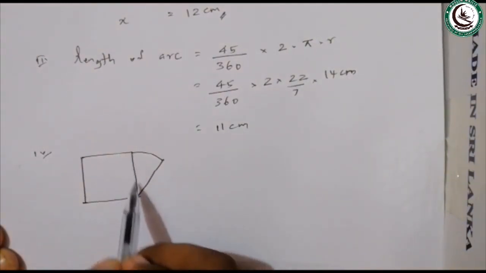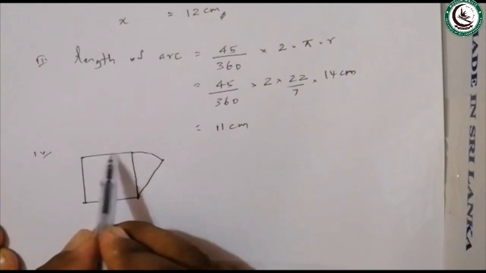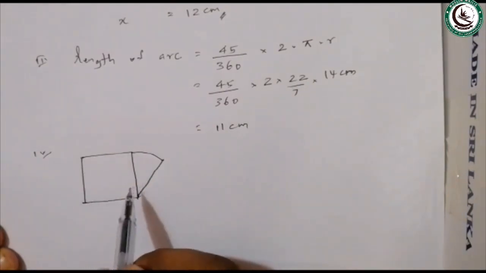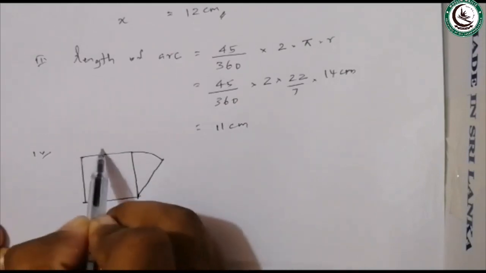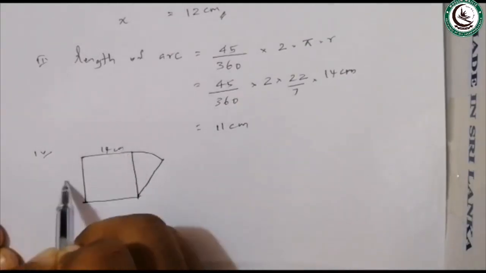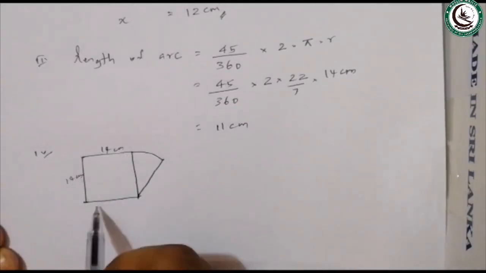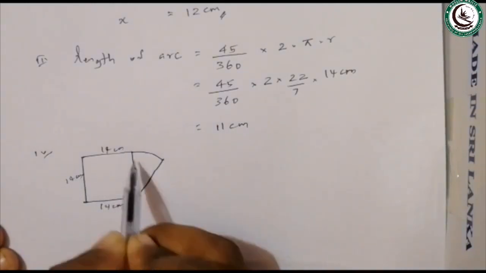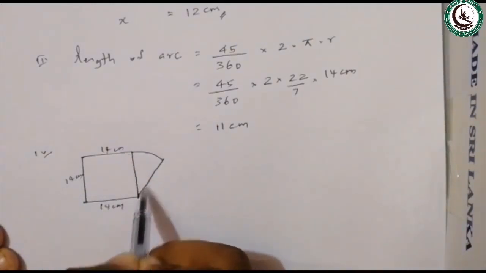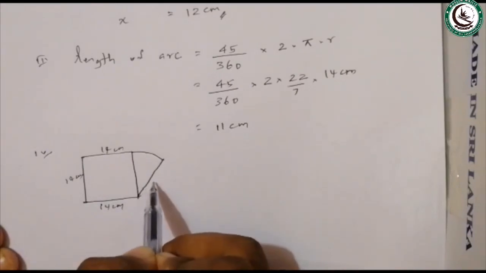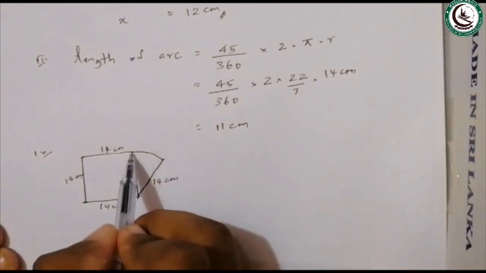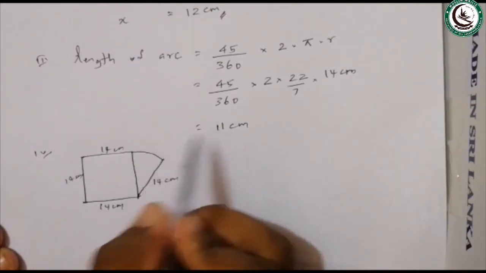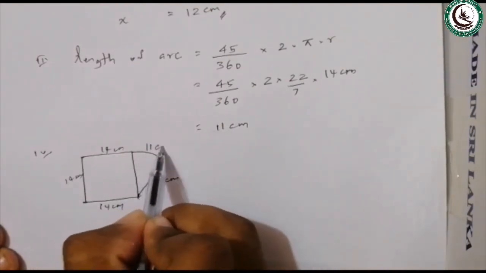Because the radius won't be changed, the other sides of the square will be the same as the radius. So radius is 14, we already know. So this is also 14 centimeter, this is also 14 centimeter, this is also 14 centimeter. As you already know, the arc of the sector is 11 centimeter, so it will remain the same.